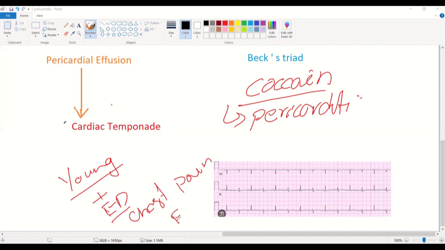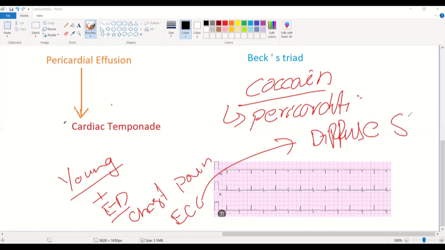ECG shows diffuse ST elevation and PR depression. So sometimes they ask about the cause, cocaine, right? Sometimes they ask about the diagnosis. So the diagnosis is pericarditis, right?